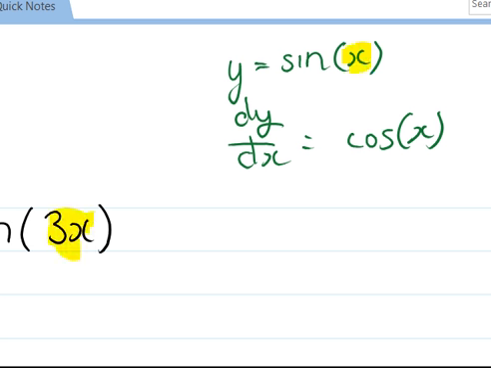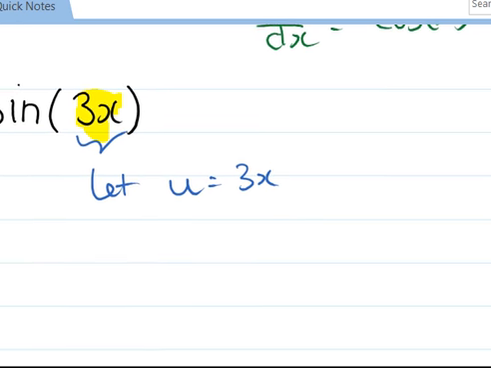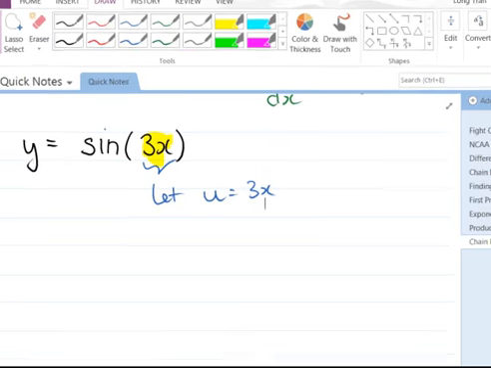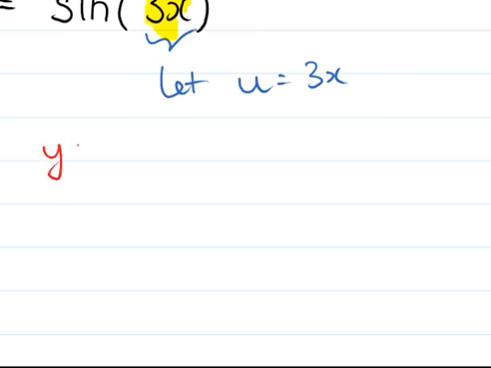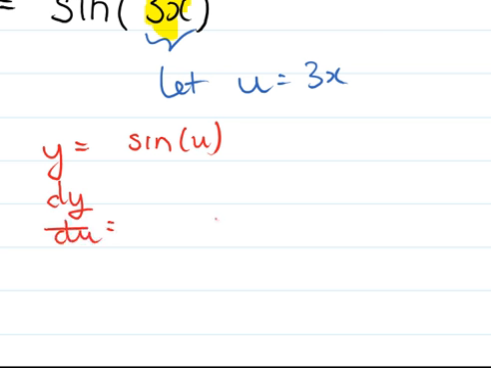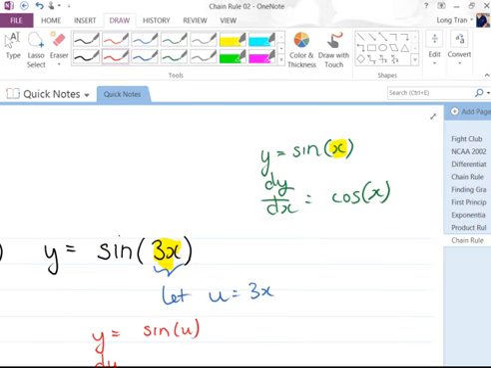So what I'm going to do is exactly the same thing. I'm going to say, let u equal 3x. If I let u equal 3x, my new equation is y equals sine of u, which I know the derivative dy/du will have to be cos of u, because that is what this rule is.